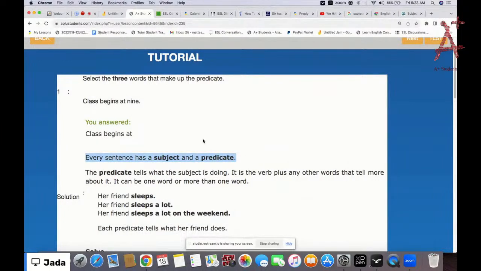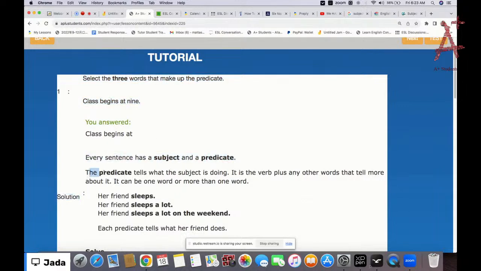Every sentence has a subject and a predicate, of course. The subject is who is doing the action, and the predicate is the action going on. What is going on in that sentence? It's the predicate.